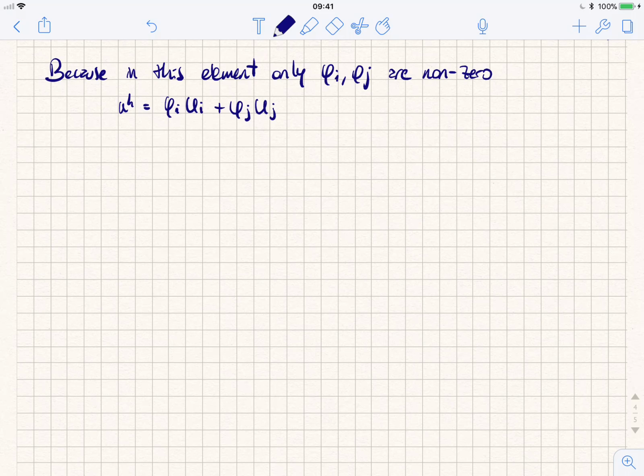All of the other functions are zero, so it doesn't make sense to write the full expression taking into account all 6 shape functions. Okay, and you can write this in matrix form like this, where your phi is your element shape function vector, and your UE is your element degree of freedom vector.